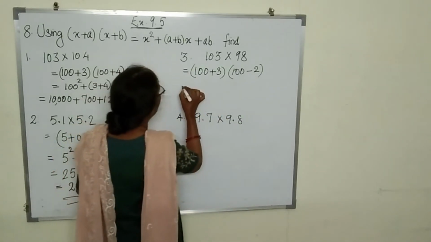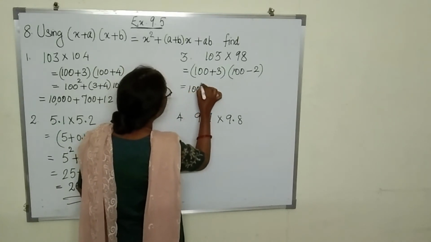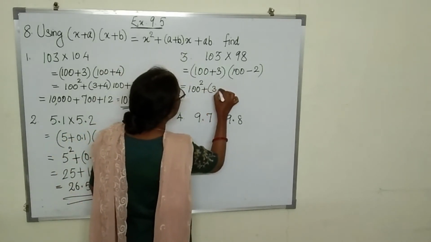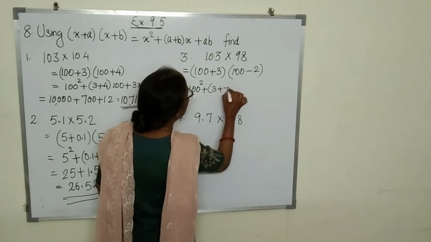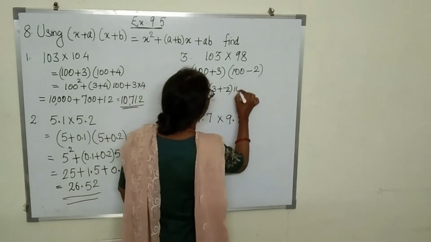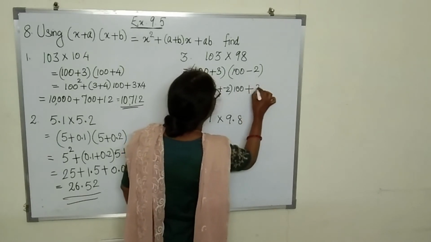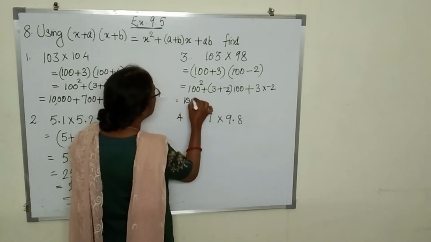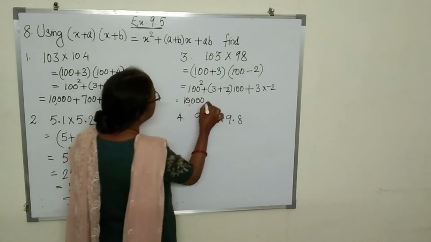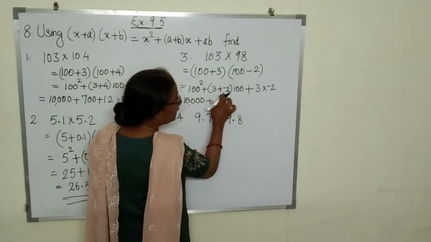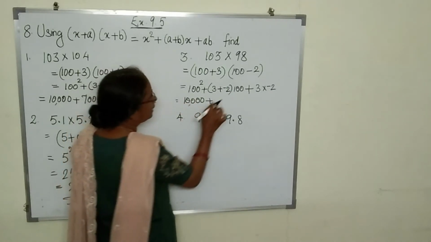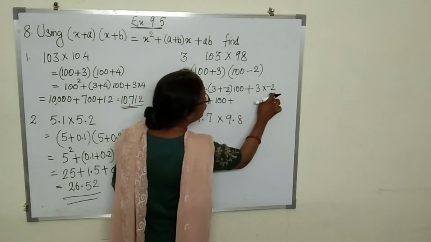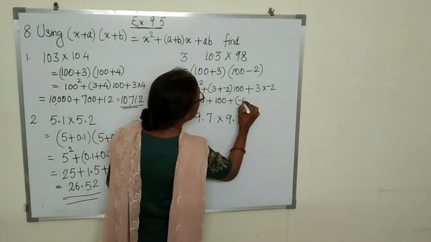So here it will be equal to 100 square plus (a + b), that is 3 plus minus 2, into 100, plus 3 into minus 2, that is 10,000. When you do this operation, 3 plus minus 2, you get 1. 1 into 100, 100, plus 3 2s are 6, but it is minus 6.